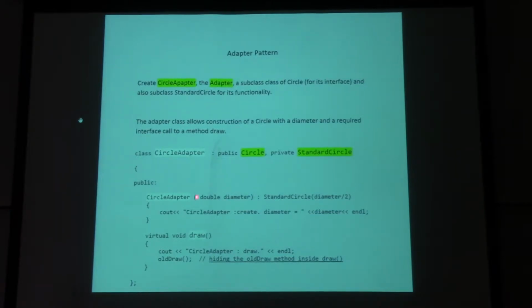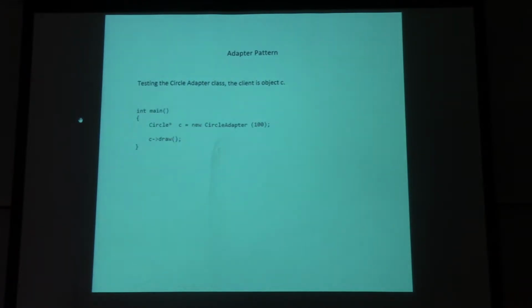It simply adapts the draw call to the old draw call. That's, I guess, the biggest difference. There's no proxy logic here. The logic is simply an adaptation of one to the other. That's my best answer here. So there is a similarity, and you're very good to catch that similarity.